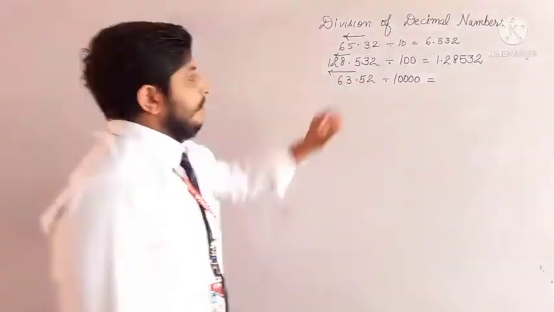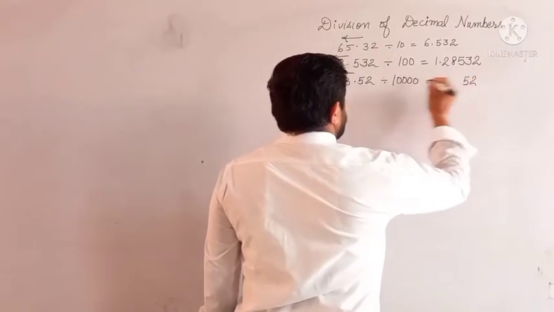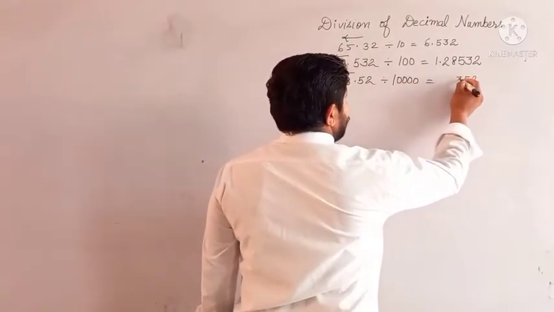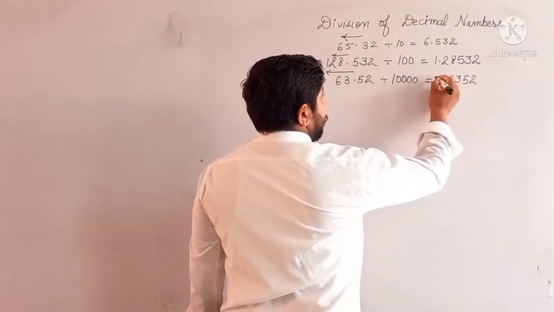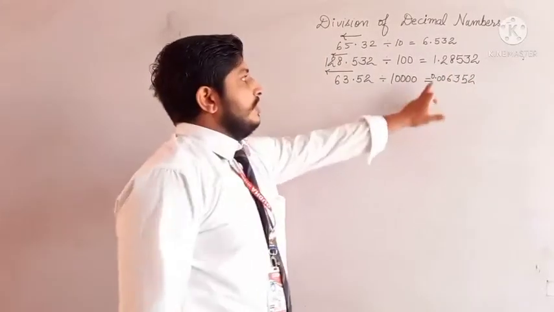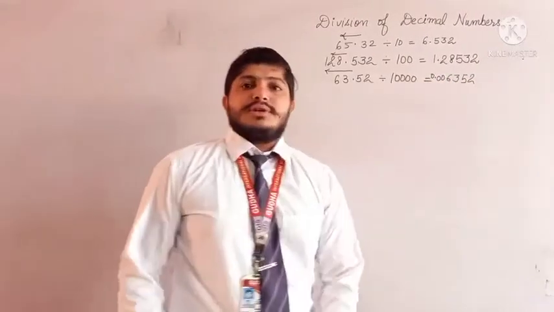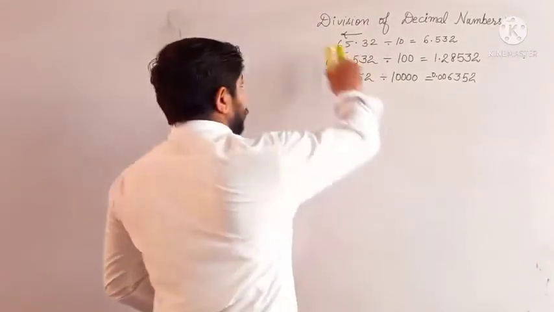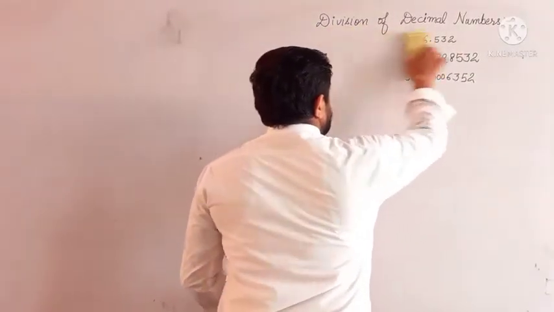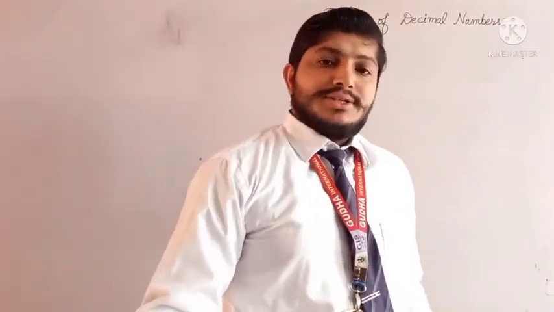After this, what answer comes? 0.006352 is your answer. I hope you understand it well. Okay, next we are going to discuss some important divisions, and after that we start exercise 2.6.